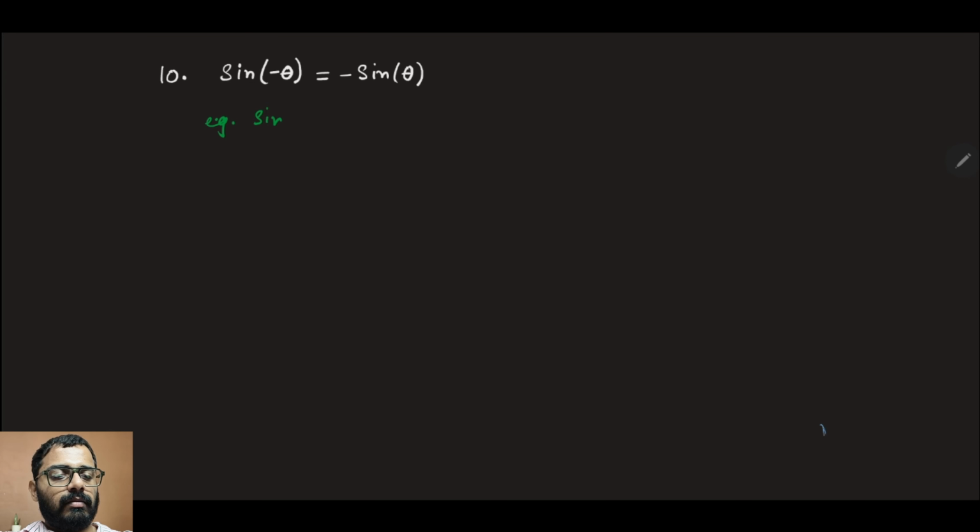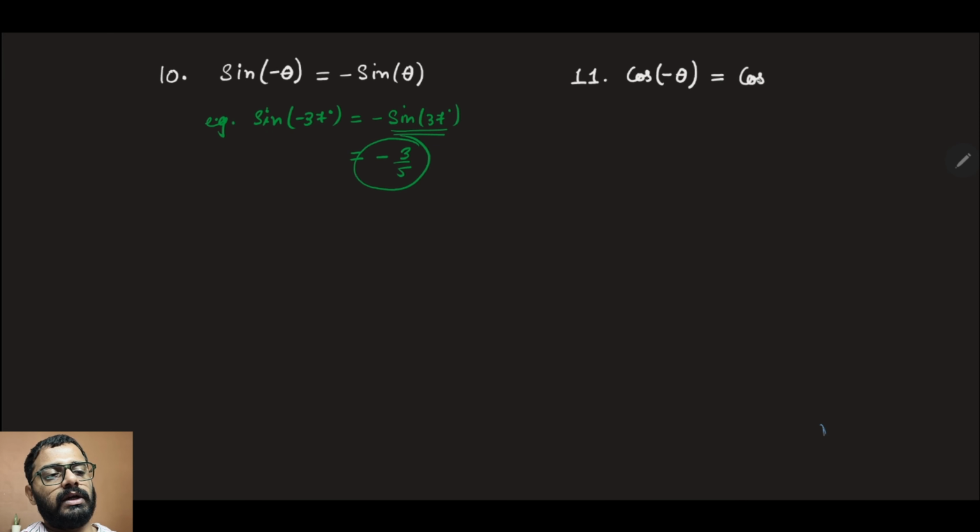Sine of minus 37 degrees: if they are asking you the value of sine minus 37, you can write it as minus of sine 37, and we know the value of sine 37 is 3 by 5, so it will be minus 3 by 5. This is how you will use it. One more identity: cos of minus theta, you can write it as cos of theta. Same thing here.